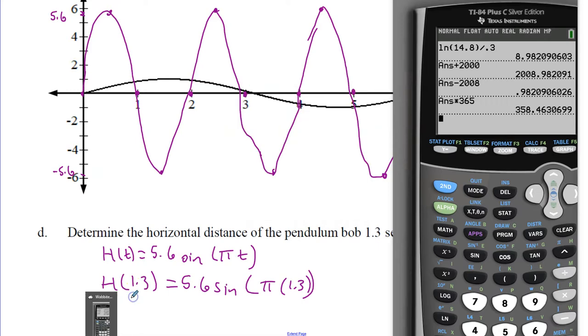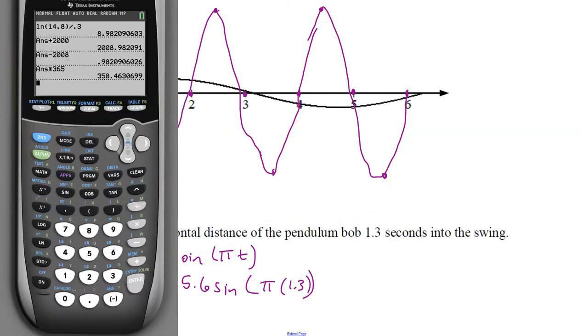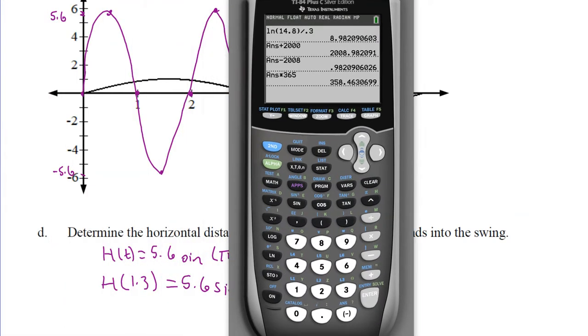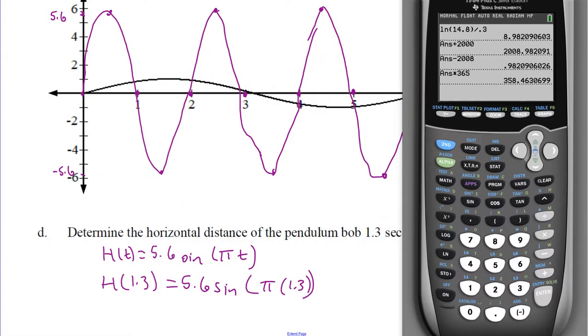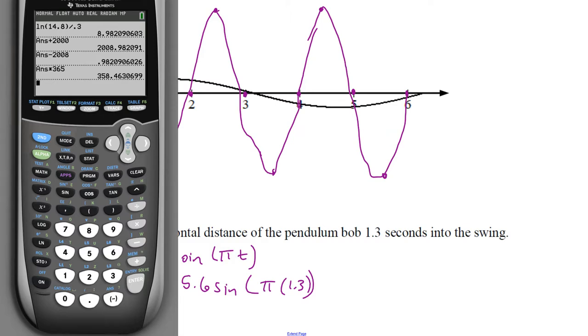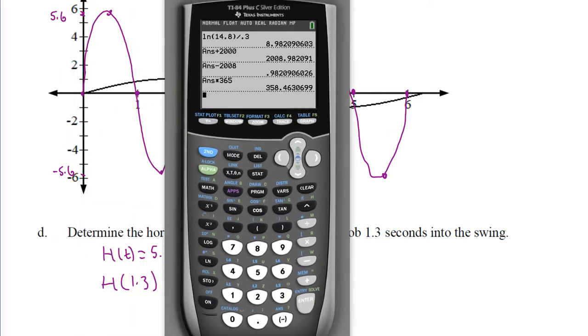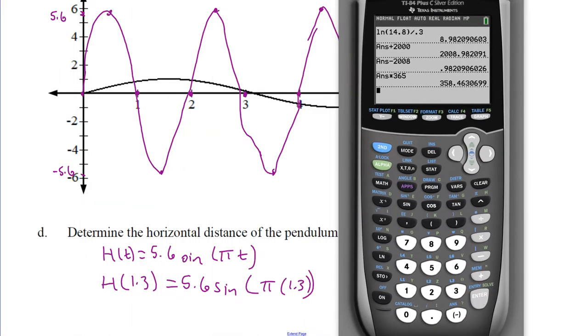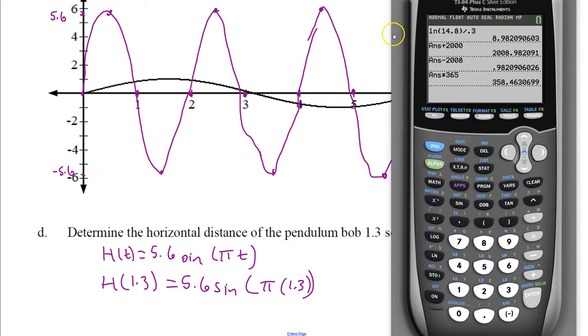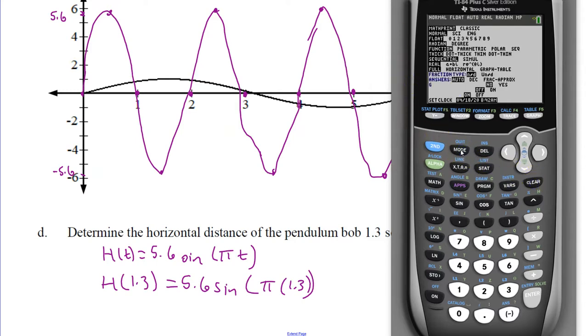Let's see if we can drag this over to the right. Okay, so let's clear this out. Let's check the mode. So we are in radians.